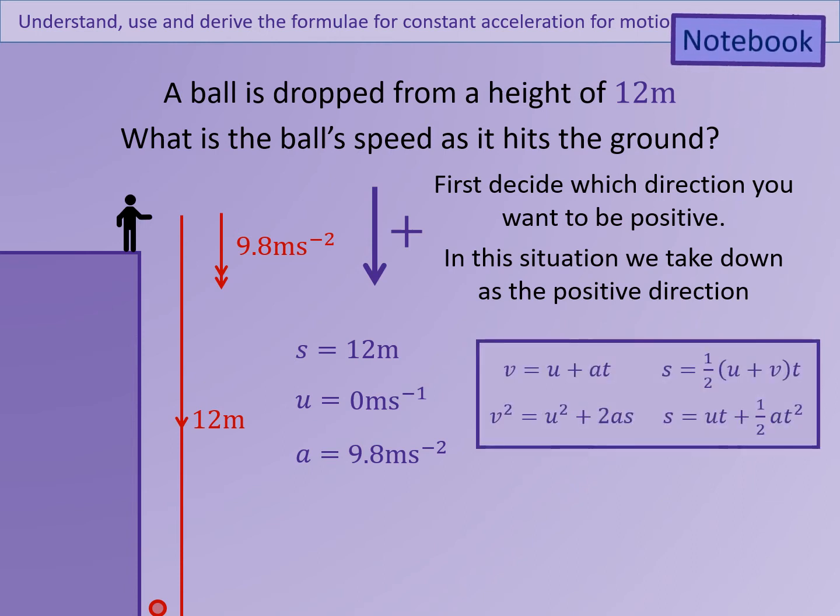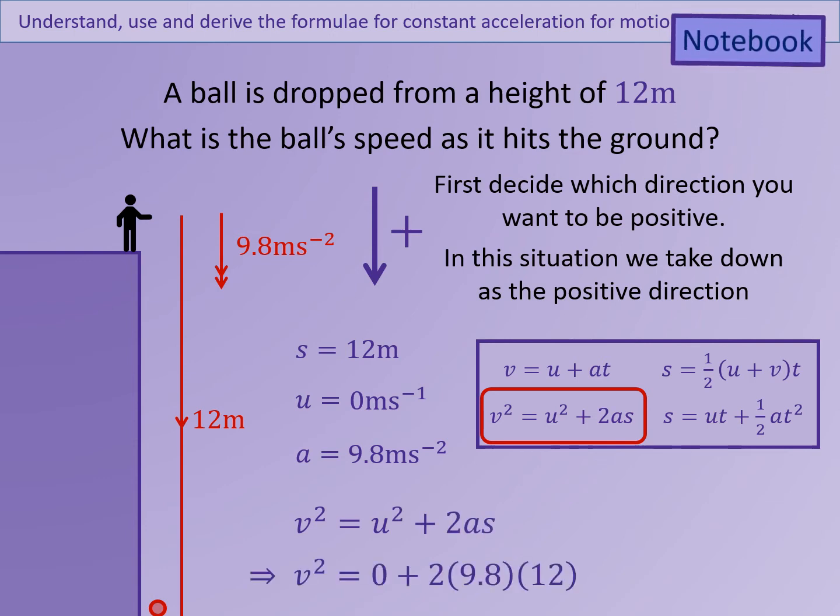And we want to know the velocity when it hits the ground. We want to know V, so we're looking for the formula that uses S, U, A and V. So we're going to use this formula here, substituting in the values that we have got to find V leads us to a velocity of 15.3 meters per second when the ball hits the ground.